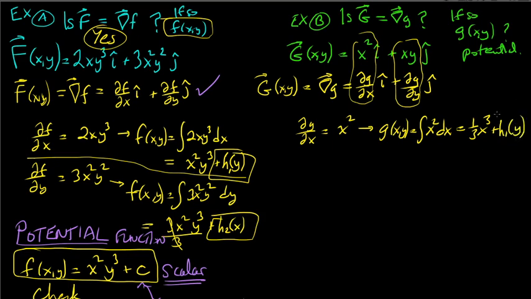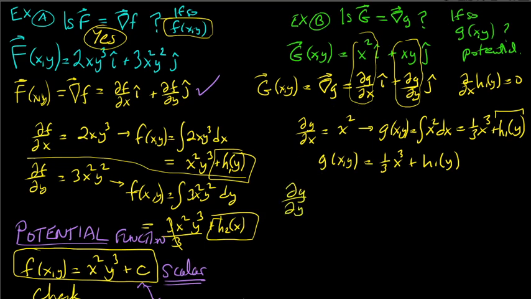Any function of y, if we take the partial with respect to x of h1 of y, we just get 0. So far our g looks like it's got to be 1/3 x cubed plus a function of y and only y. Because obviously if we have an x in here, the derivative won't be just x squared anymore.